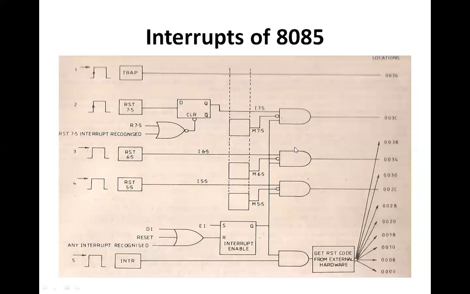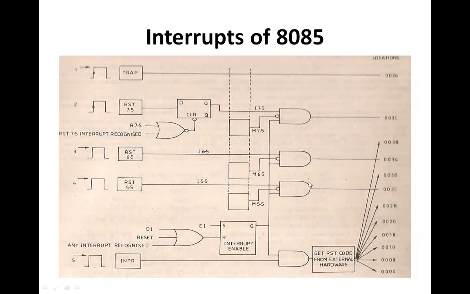Meaning thereby, for all these gates to become active and give output 1, it is necessary that Q should be high. But to enable this AND gate, it is also required that the interrupt line should be high. So unless both these lines are high, the RST code will not be generated and it will not execute the service subroutine.